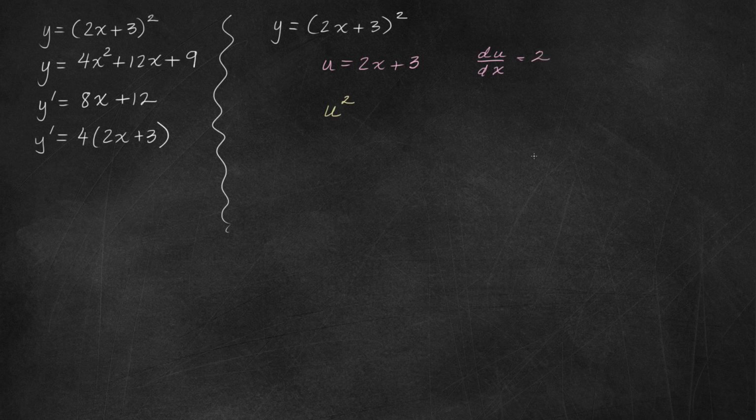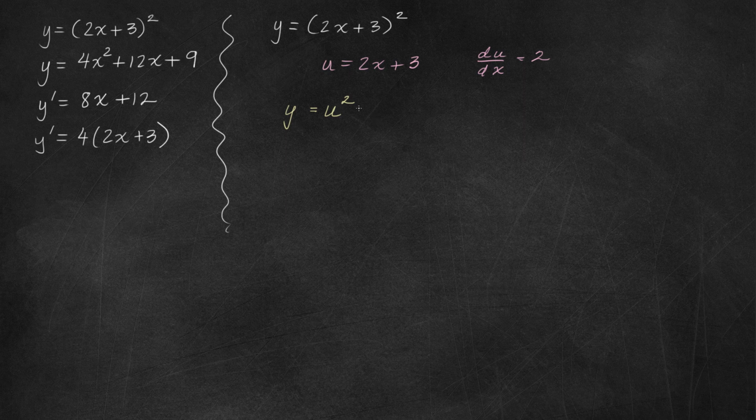And then if I want to take the derivative of u squared, well, we have to call this something. We need a name for our function if we're going to use Leibniz notation. So let's go ahead and call it y, since y does equal u squared, bringing that down from the original problem.